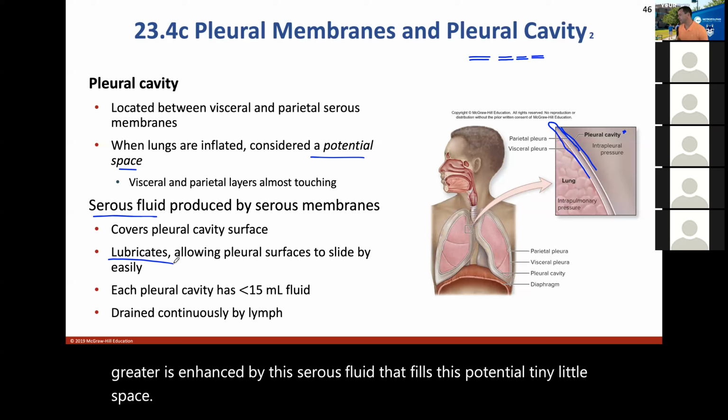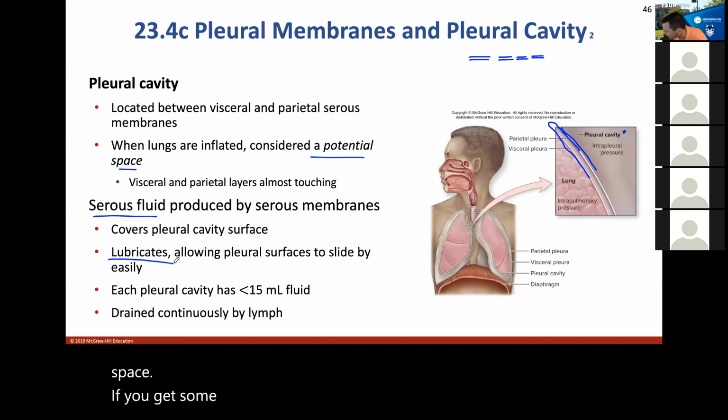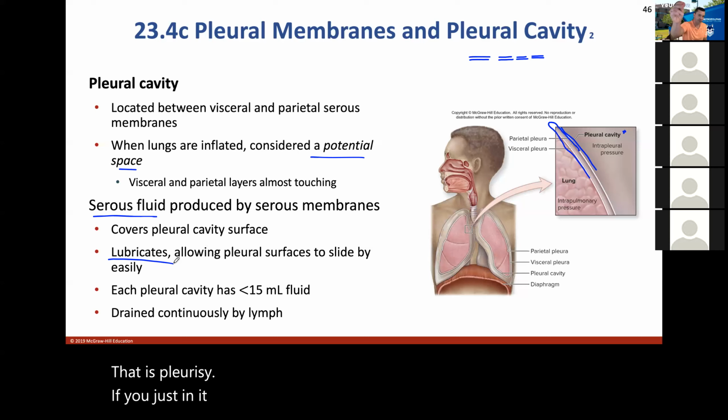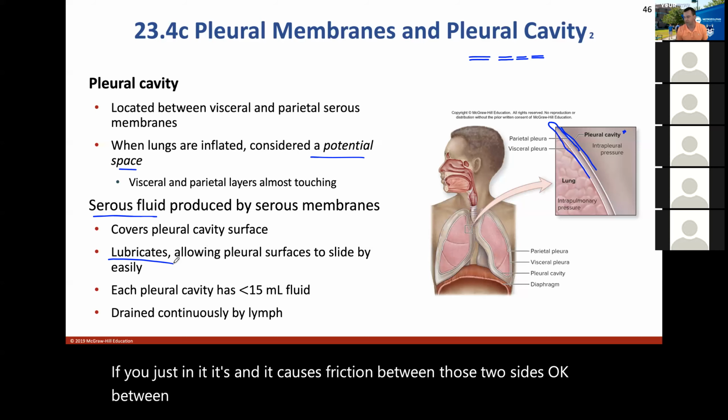If you get some kind of infection in your lungs and it's painful to breathe, that is pleurisy. It causes friction between those two sides, between the visceral pleura and the parietal pleura.